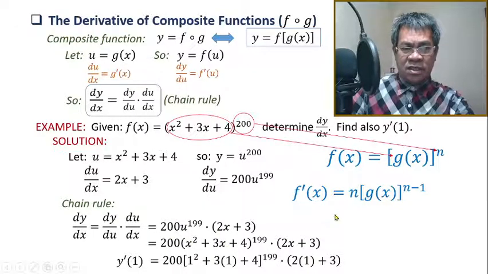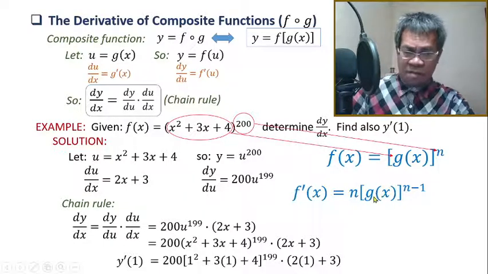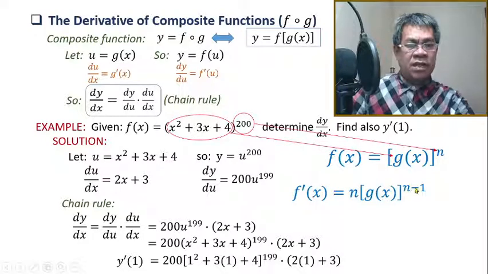Look at this answer. The answer is actually, when you look at this, the 200 was dropped. Okay? It is just like a power rule. So meaning we can go directly here. Then after that, take the g(x), copy whatever is inside, then subtract the exponent by 1.